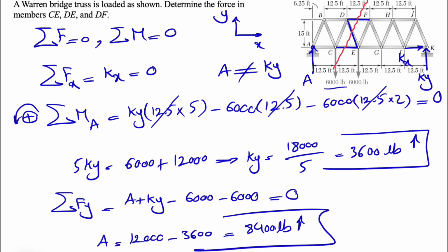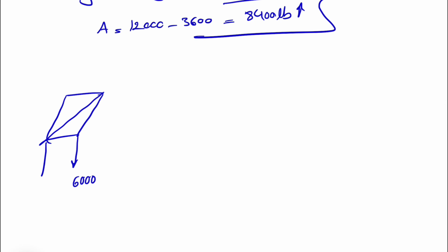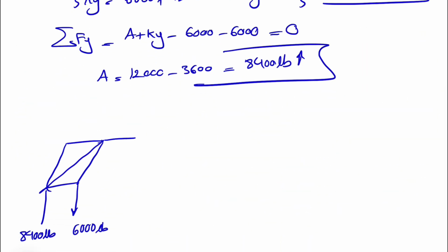Now we can draw the free body diagram of the left side of the truss, which is something like this. So we have 6,000 here. We have our A, which is 8,400 pounds, 6,000 pounds. And we have three different members that are attached to this point. We can pick any direction that we want for now.